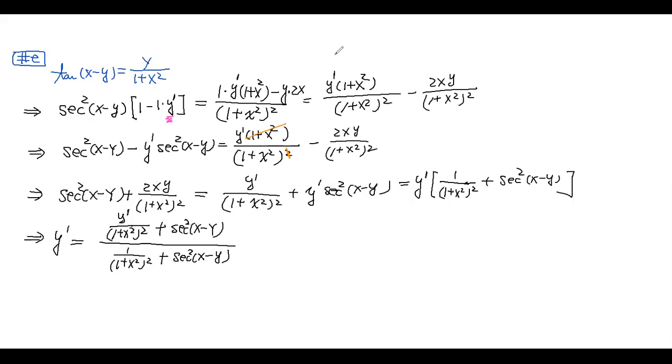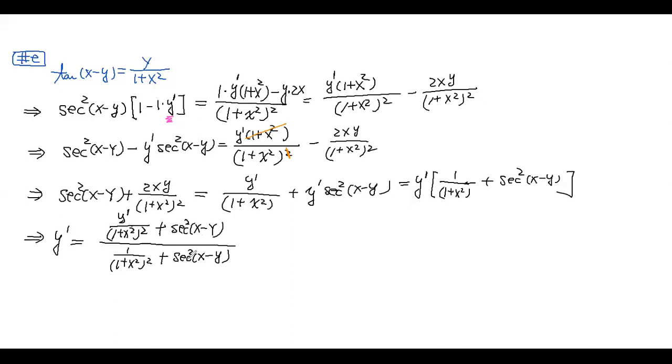Now here this is y prime, but there are no squares here. Then plus y prime, secant squared x minus y. So good. This is the y prime here.